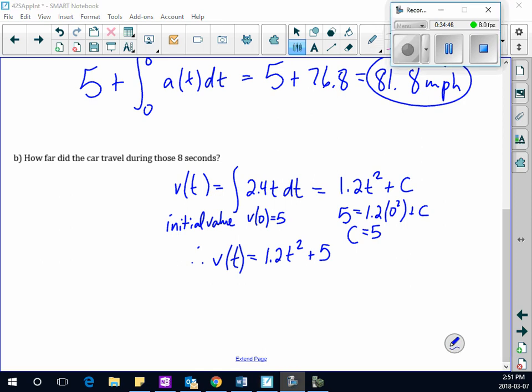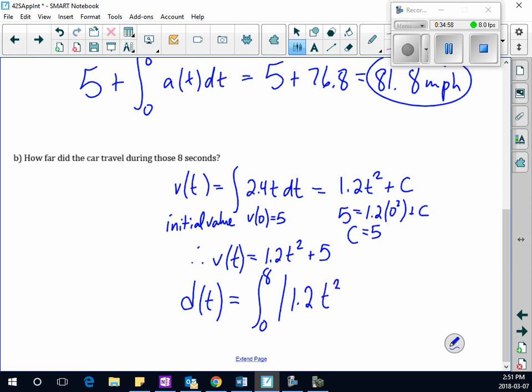So, distance is equal to the integral from 0 to 8 of the absolute value of v of t, which I already put as 1.2 t squared plus 5, dt. Now, what are we going to get there?